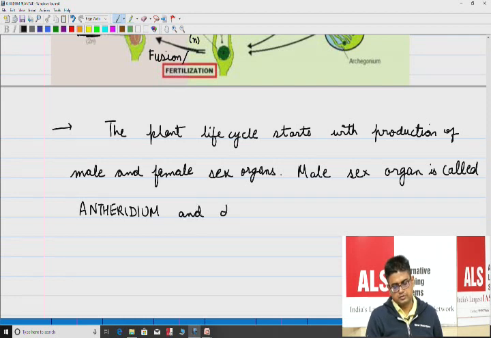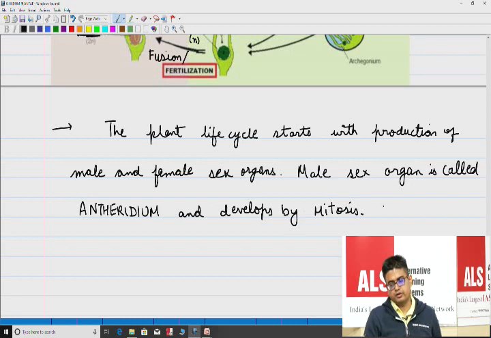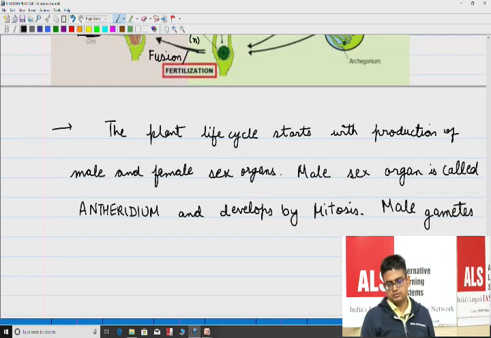It develops by mitosis. Male gametes are also formed by mitosis.